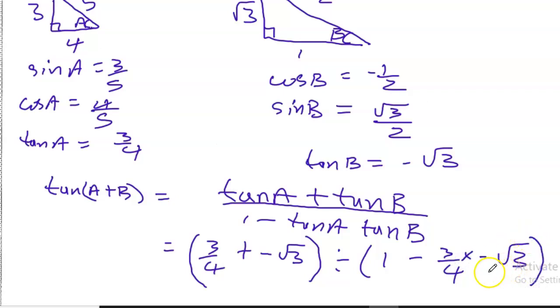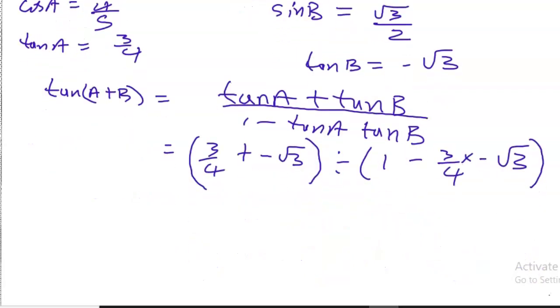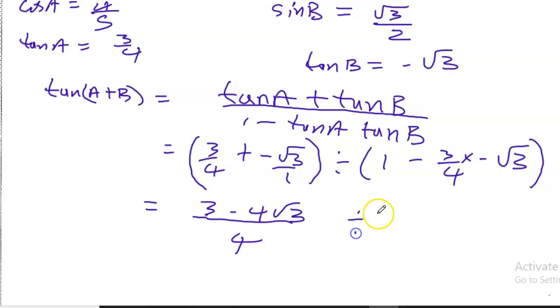Let's see if we can simplify and rewrite in the form A plus B root 3. So 3/4 minus root 3. So I need a common denominator, put the root 3 over 1. So a common denominator would be 4. And this would be 3 minus 4 root 3.